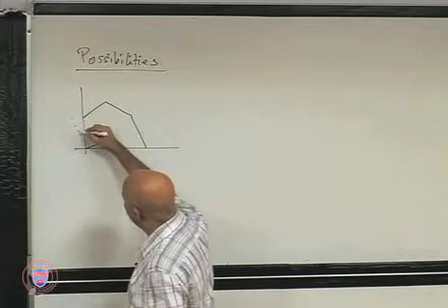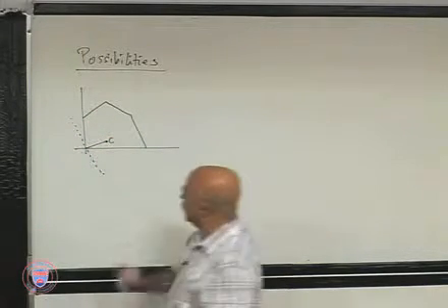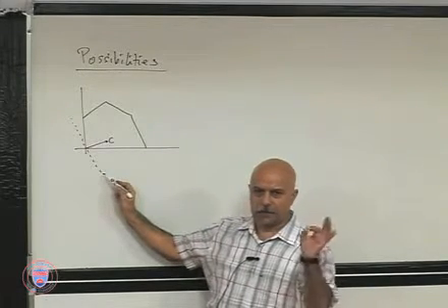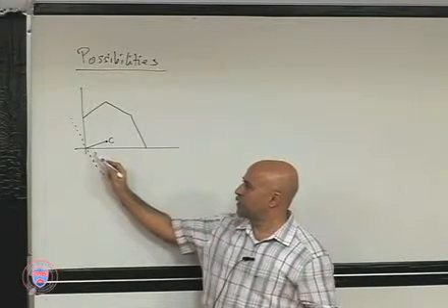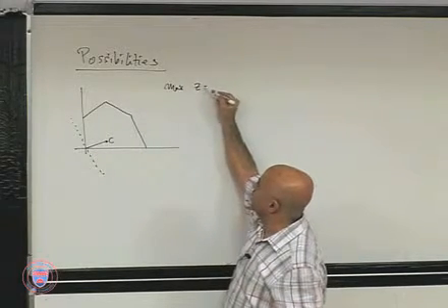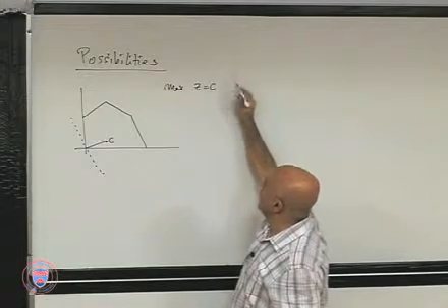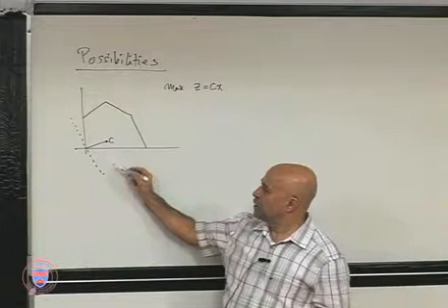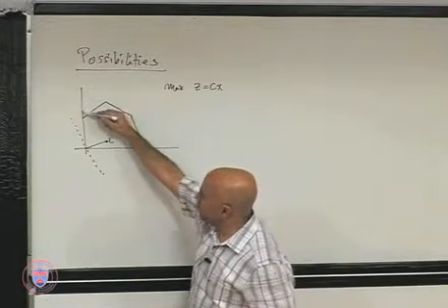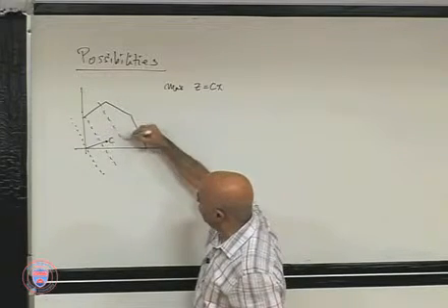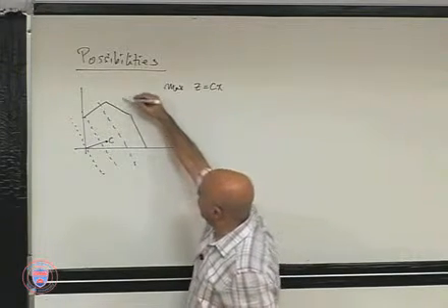Anyway, if you look at the contours of the objective function, for fixed z value, the z is the objective function value, for fixed z, so we're looking at the problem of the following kind. Okay? For fixed z, the contours will go parallel and perpendicular to the c vector all the time.